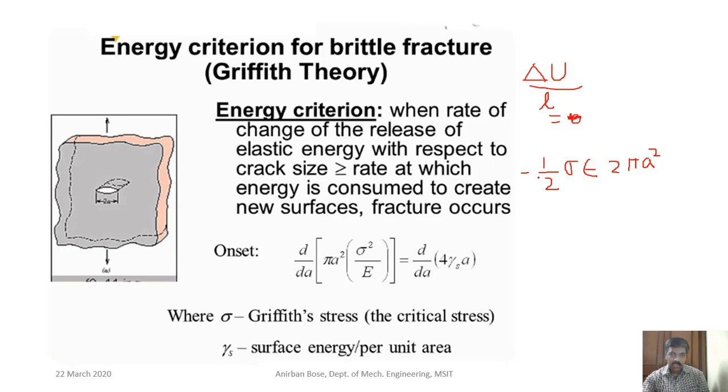This quantity is negative. So now, instead of the strain, since it is within the elastic limit for brittle materials, sigma is equal to E into epsilon.